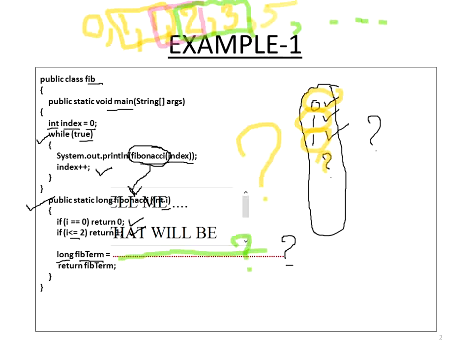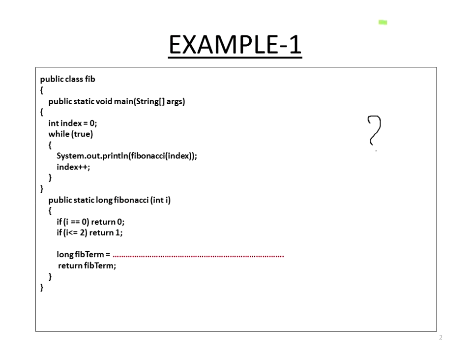I will give you 5 minutes, just go through it and try to find out what will be there at this point. So what will be the equation? You have to tell what will be the equation over here. Long fibTerm is equal to what? Since you know that in order to get the Fibonacci series, we are adding the previous two numbers. So what will be the equation here? I'll give you 5 minutes.